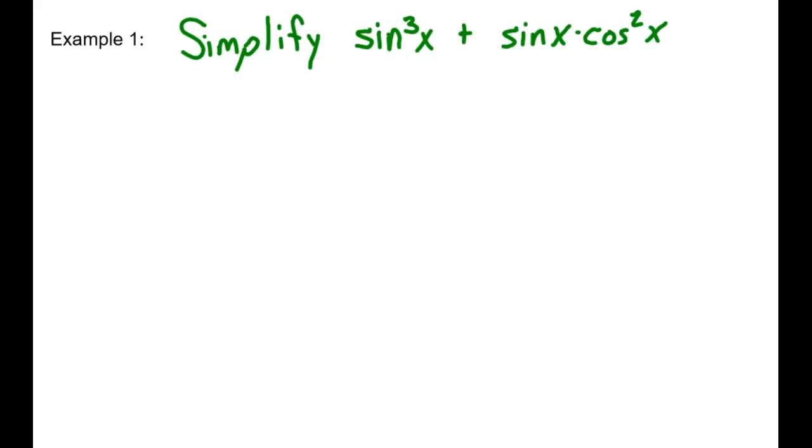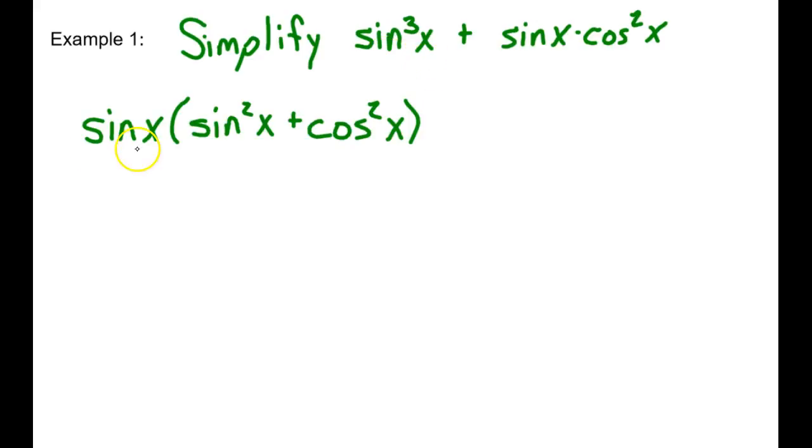Example 1, we want to use trig identities in order to simplify this expression, sine cubed x plus sine x cosine squared x. In this one, we're going to use ideas of algebra. Because we have two terms, we want to determine if they have anything in common. They both have a factor of sine x in common, so we're going to factor that out in front.